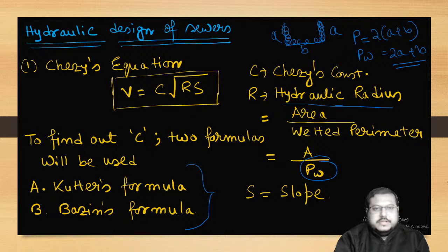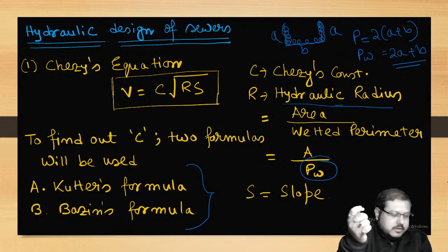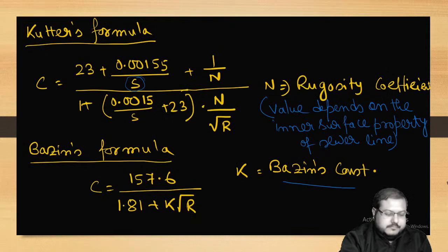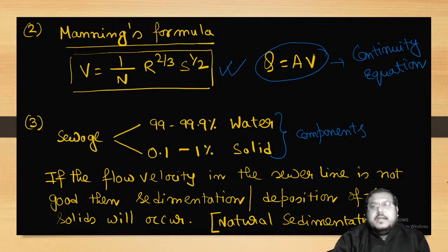To find C, two formulas are used, Kutter's formula and Bazin's formula. Finally, we come to Manning's formula, which is V equals 1 by N R to the power 2/3 S to the power half, where Q equals A into V, the continuity equation.